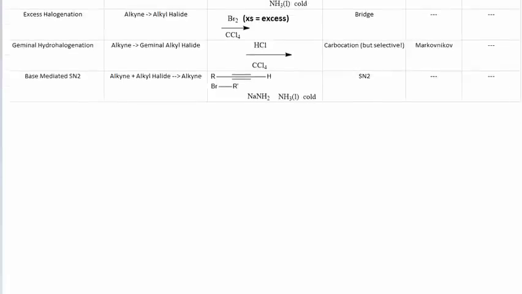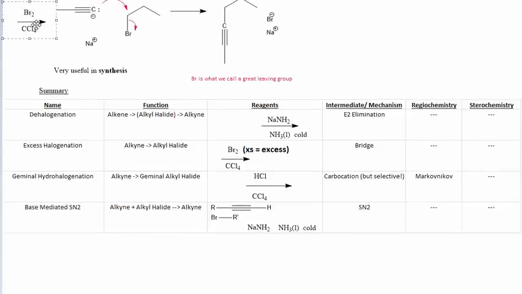So I'm actually going to add that to the table. So first we used the Br2 to go from alkene to alkyl halide, and then after that we used this base to do our E2 elimination, and in the end we created our alkyne.